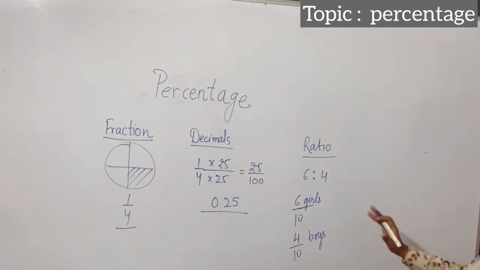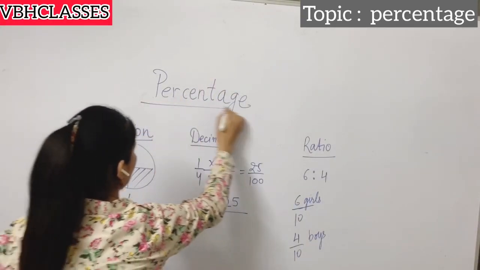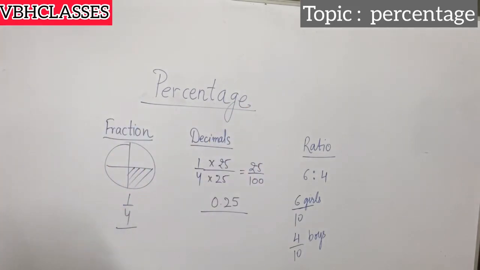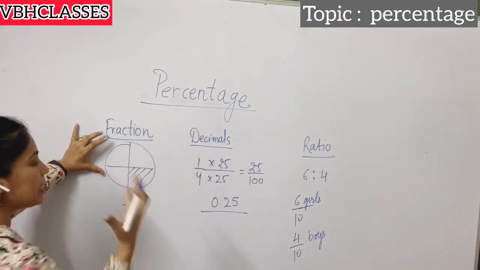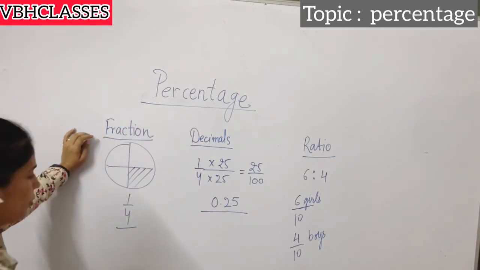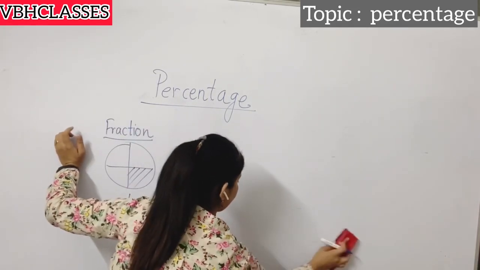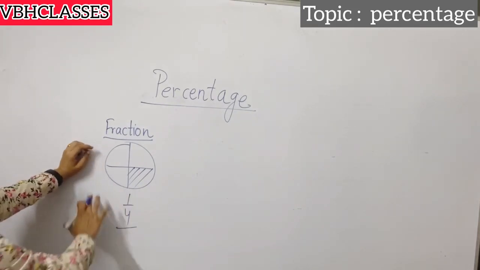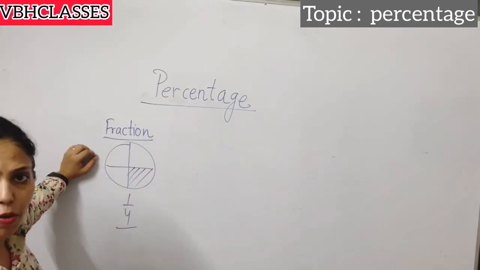And now the fourth part we are going to learn today is percentage. Like in fraction, there is very much similarity between the fraction and the percentage. Let's understand it. Okay, I'm removing all these things. In fraction, we divide one whole into any number of parts, right?